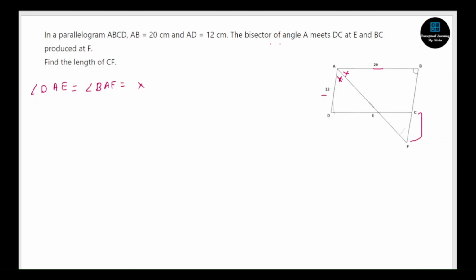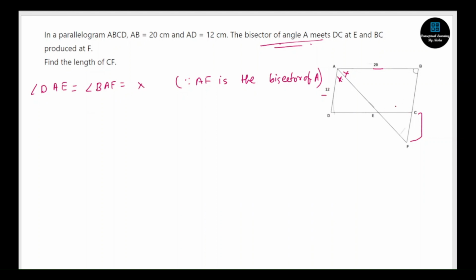Okay, bisector is given. Why? Because AF is the bisector. Let me write this. AF is the bisector of A.